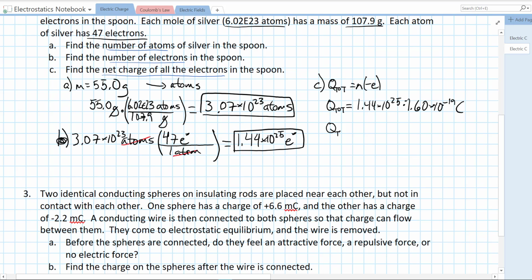Plug that into a calculator. We get 2.31 times 10 to the 6 coulombs.